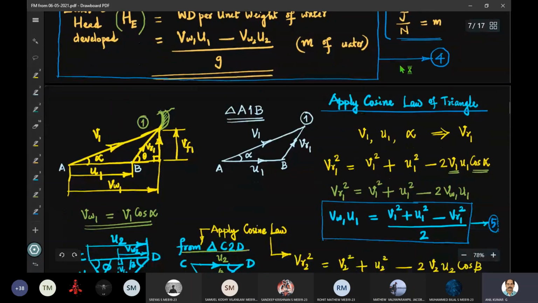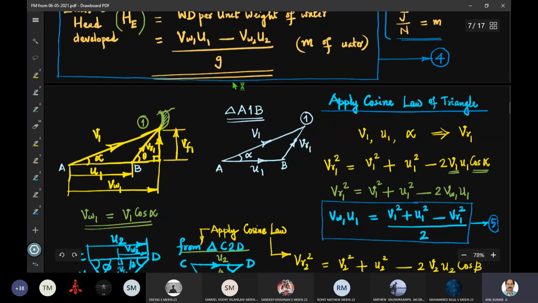So please remember the unit in which you obtain this. It's a head rating. And in the case of power consuming devices like fans, blowers, pumps and compressors, the relation will be: Euler head developed is (VW2 U2 minus VW1 U1) divided by g.